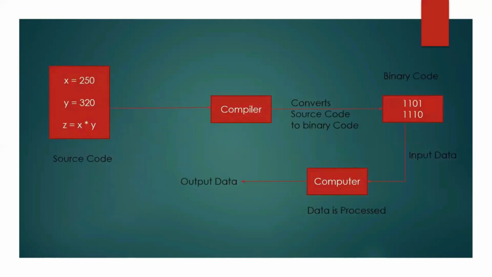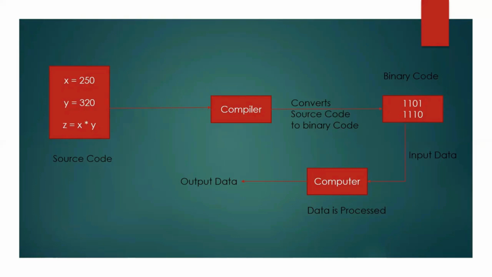This is the pictorial representation where the source code X is equal to 250, Y is equal to 320, Z is equal to X multiplied by Y is given to the compiler, and then the compiler converts the source code to binary code.